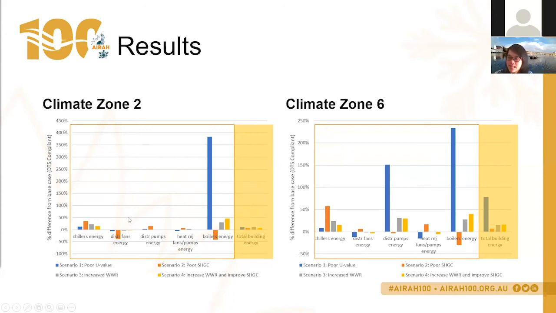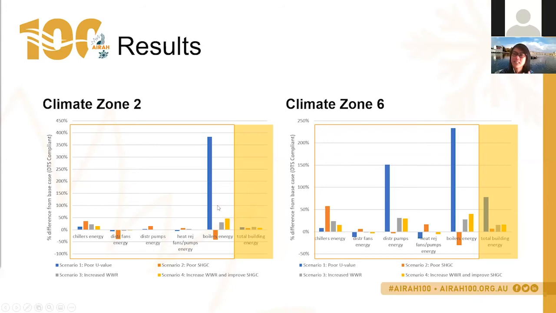Again, looking at the macro trends, we can see that when we reduce all of our building fabric performance, the chiller energy increases just under 50%. Our fan energy sort of reduces, our pump energy sort of stays the same. And heat rejection fans, so we're talking about cooling towers and any condenser water pumps, also stay relatively the same.